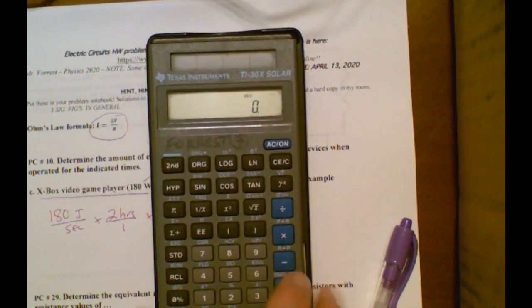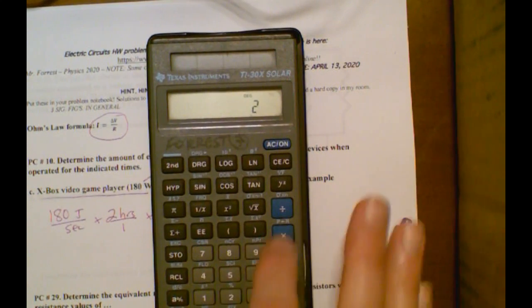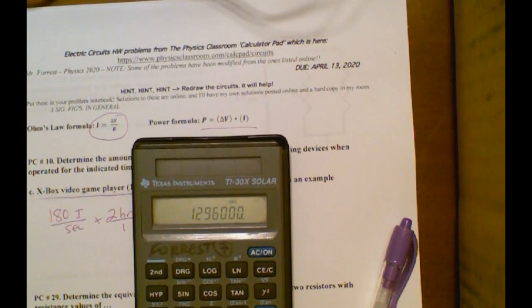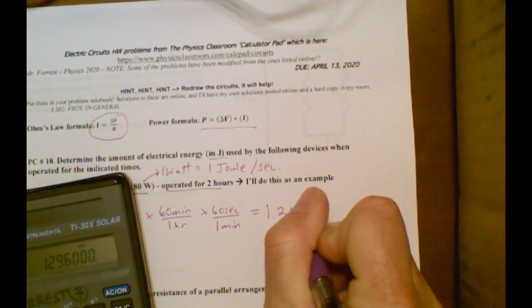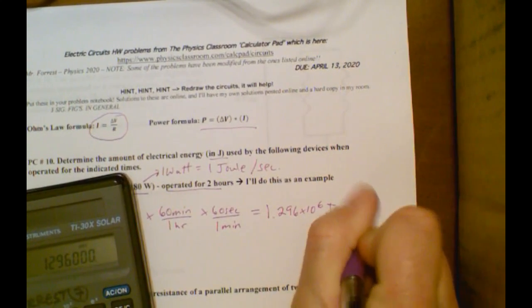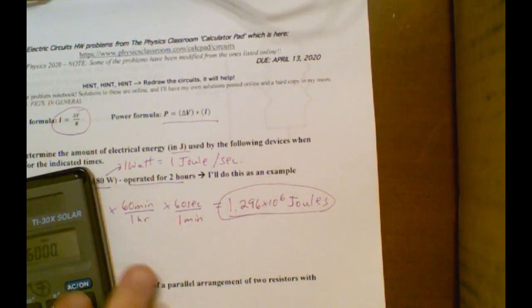So I've got something like this where I've got 180 times 2 times 60 squared. It's 1.296 million joules.